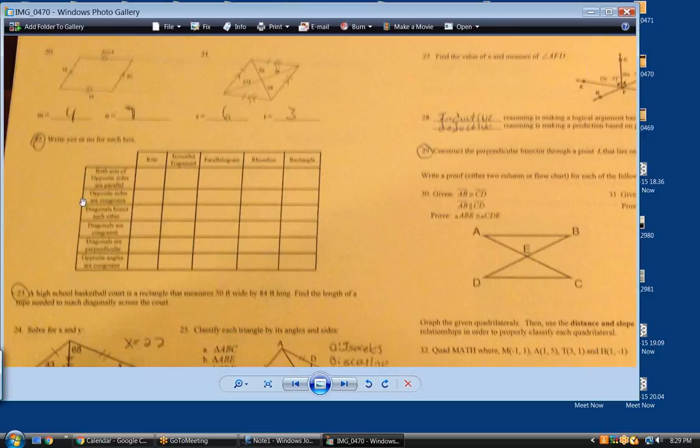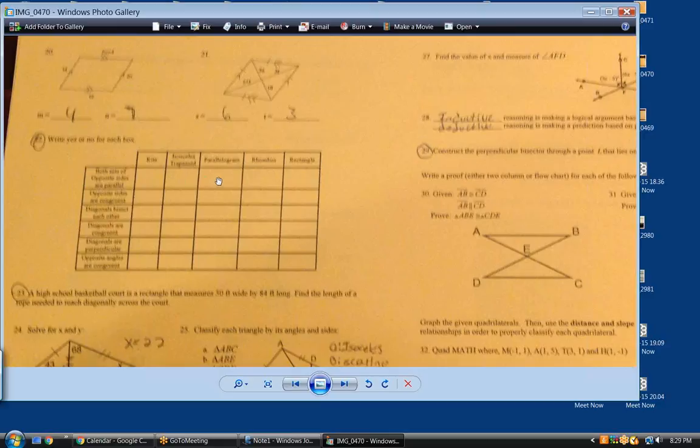Opposite sides are congruent. Would that also be a parallelogram? Well, a lot of these are going to be yes. I'll write yes or no for each box. Okay, well, let's start again. I apologize. Both sets of opposite sides are parallel.